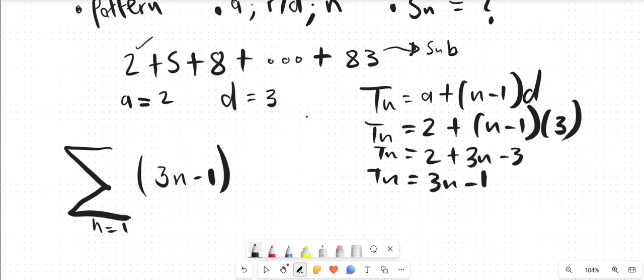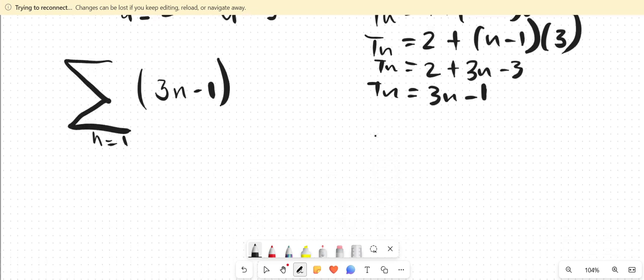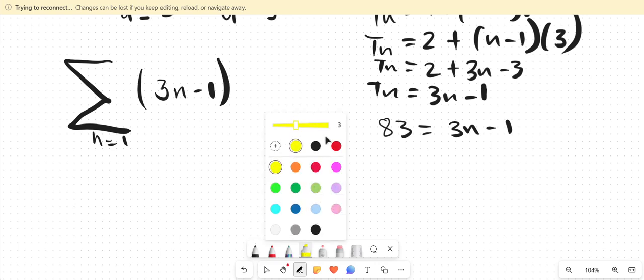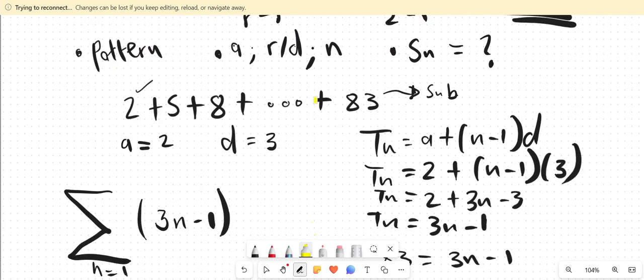Where does it stop? We need to find what n is to see where it stops. So how do I solve for what n is? I will substitute 83 for Tn. The last term, where am I finding my 83? The 83 actually comes from this.